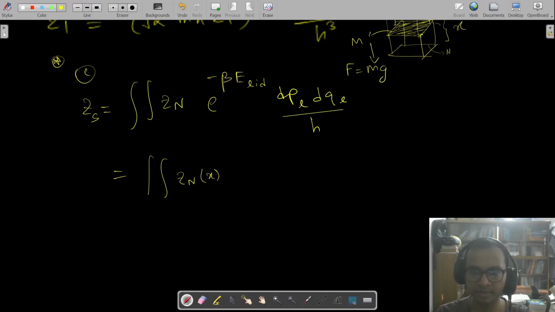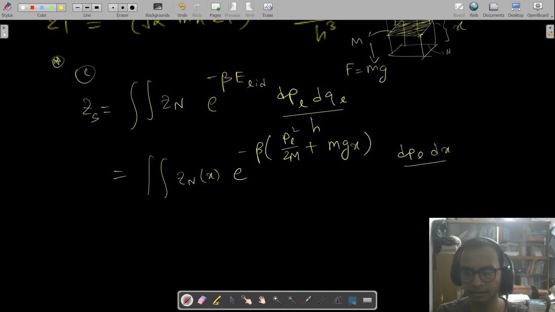So this thing depends on x also. Plus beta times PL squared by 2m plus the potential energy mgx. Let's use x, that's the variable we're using till now. And dPL dx by h.